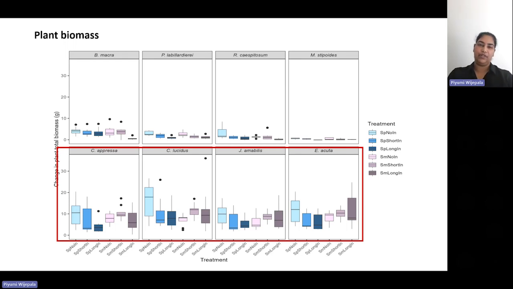So in summary, less inundation is favorable for grasses regardless of the season, and riparian plants can tolerate short spring and summer and long summer inundation, but not the spring long inundation.